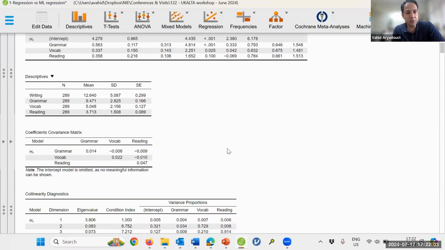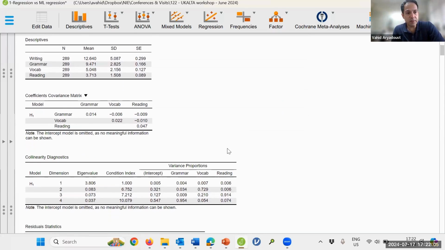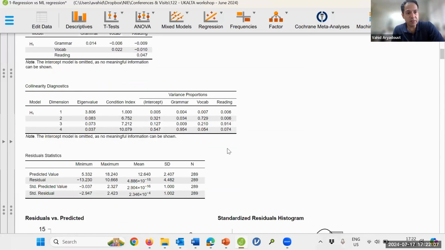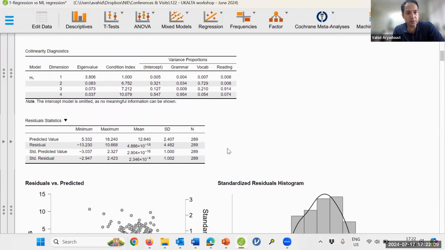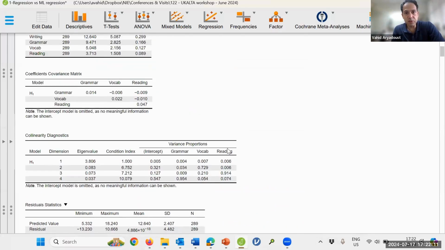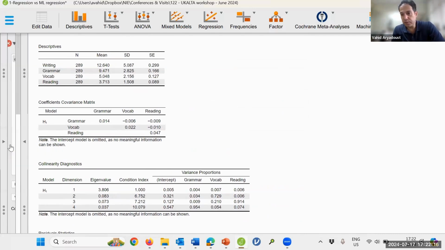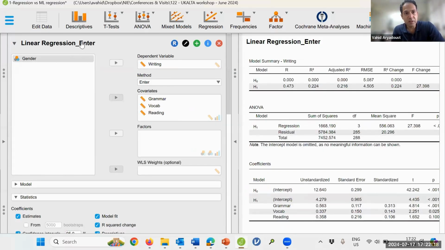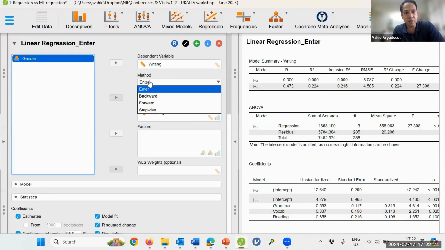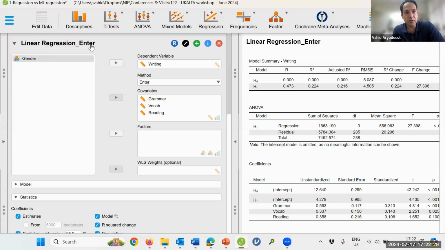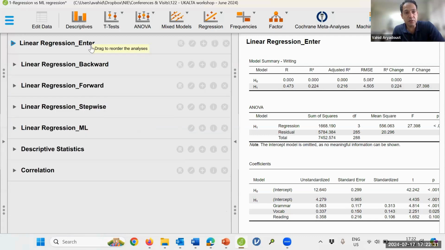All right, so we have done multicollinearity analysis, we have done assumption check, and so on and so forth. Now, what I wanted you to do in the next few minutes is to play around with different methods. We've got backward, forward, and stepwise. Please go through the analysis, and if you like, you can also look at the analysis I have already done and saved.